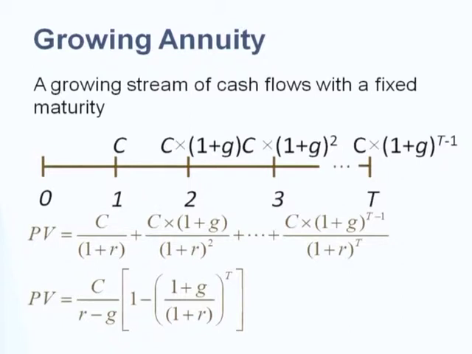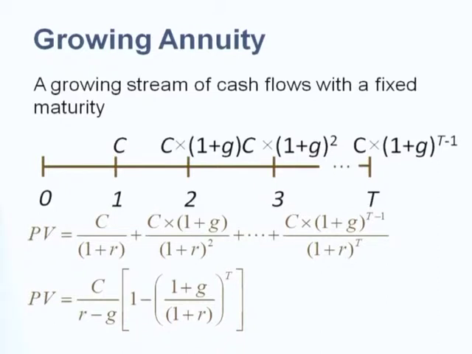At the end of year 1, you get C. At the end of year 2, C will grow at G%, so you take C multiplied by 1 plus G. At the end of time 3, you take C multiplied by 1 plus G, the same G%, to the power of 2.